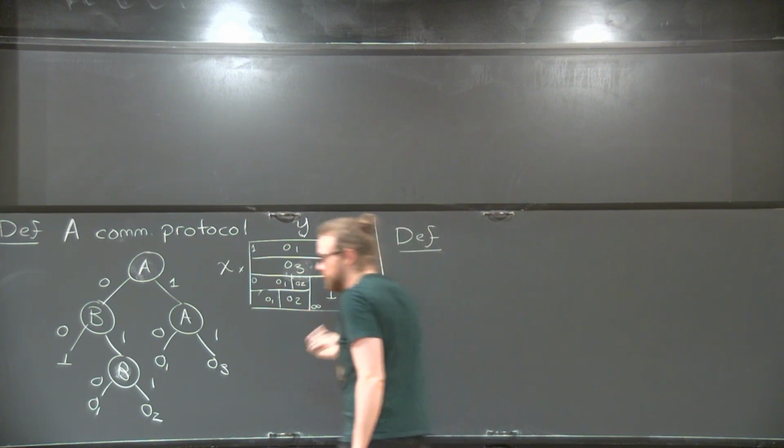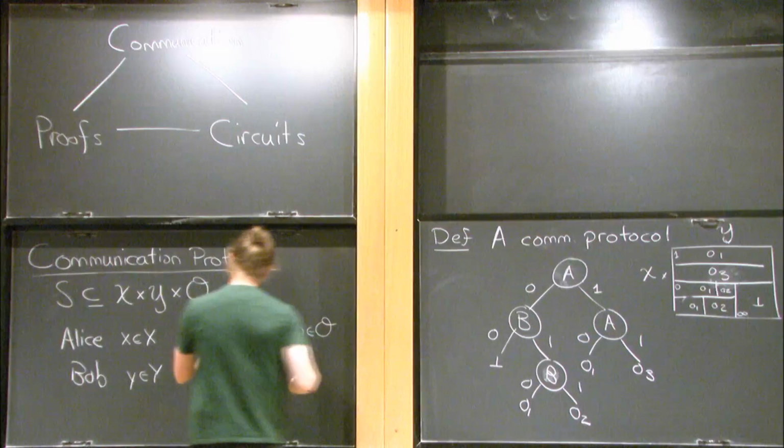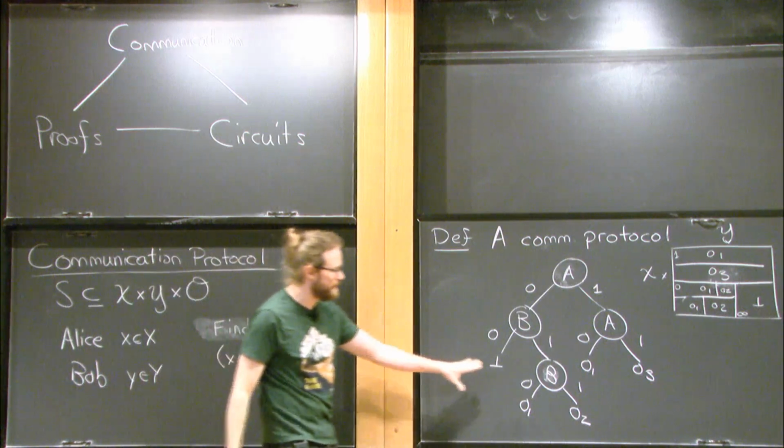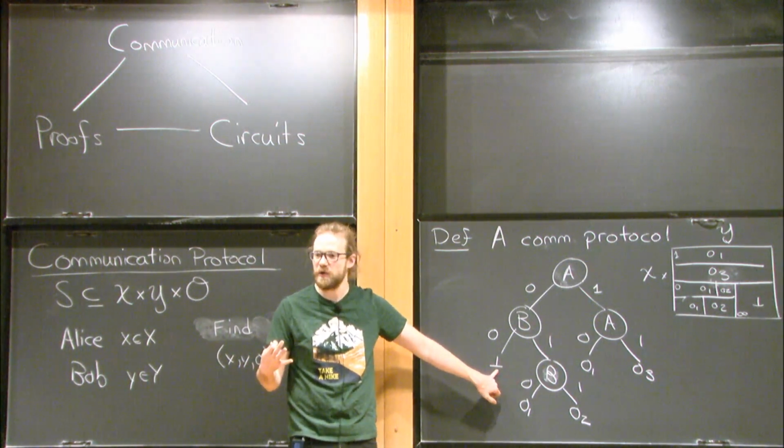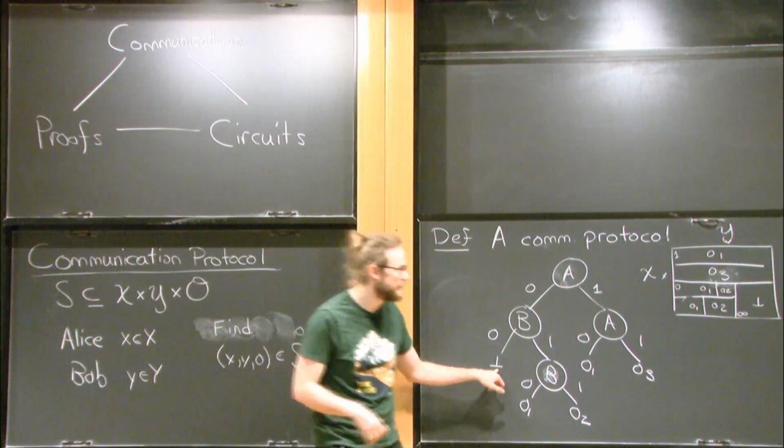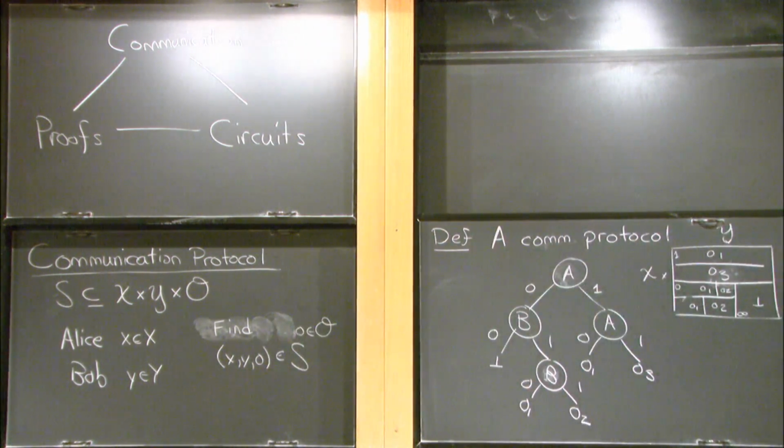So what we're going to be particularly interested in, this is a very general setup, is a case where there's always going to be at least one output. In other words, when the search problems are total.